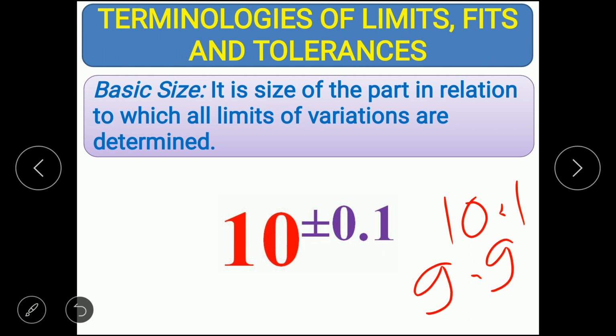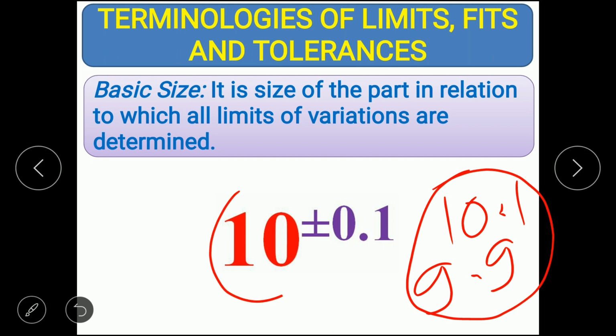So these dimensions are defined with respect to this dimension, and this dimension 10 is called the basic size. Basic size is the size of the part in relation to which all limits of variations, plus 0.1 and minus 0.1, are determined.